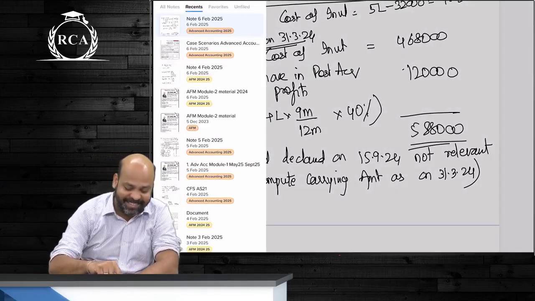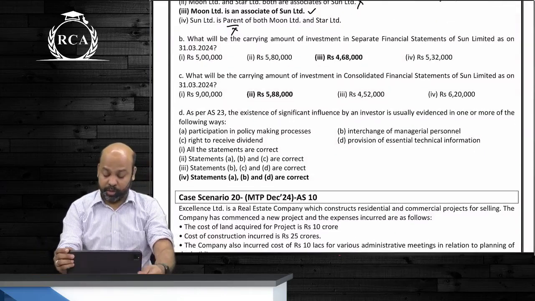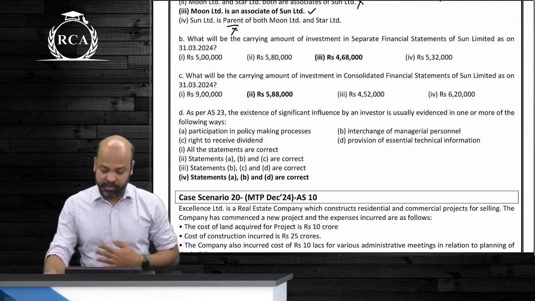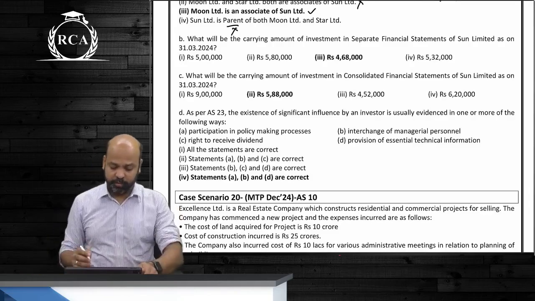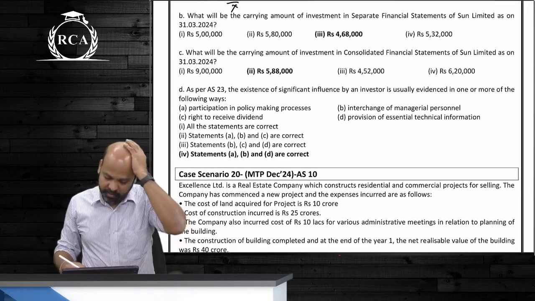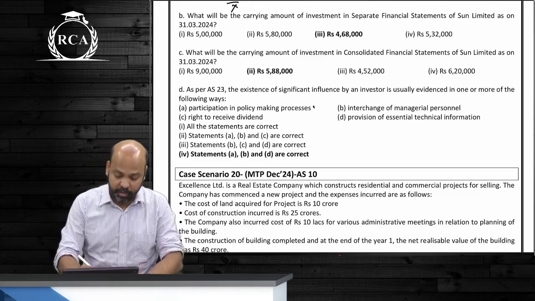Last bit guys. As per AS23, the existence of significant influence, guys, by an investor is usually evidenced in one or more of the following ways: participation in policy making process, interchange of managerial personnel, provision of essential technical information. ये तीनों correct है.